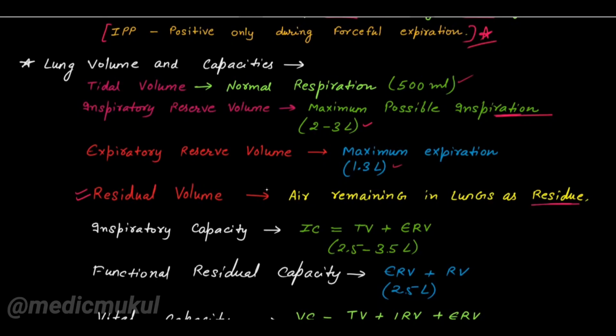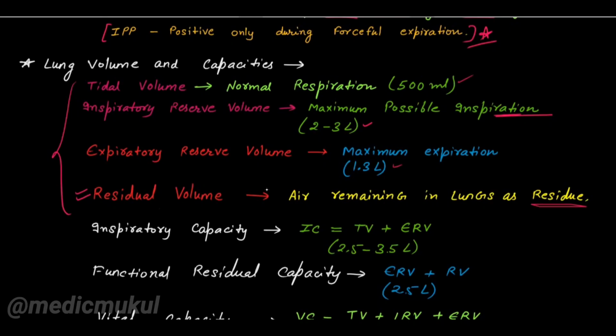So these are the volumes: tidal volume that we take normally, inspiratory reserve volume for forceful inspiration, expiratory reserve volume for forceful expiration. But when it is the forceful expiration, all the air will not come out. It will remain as a residue in the lungs. We call that residual volume. Okay.